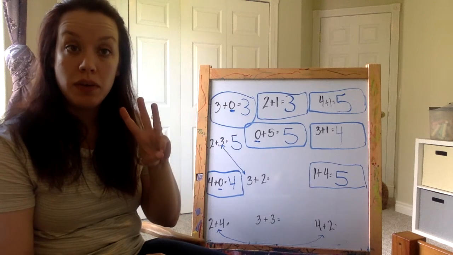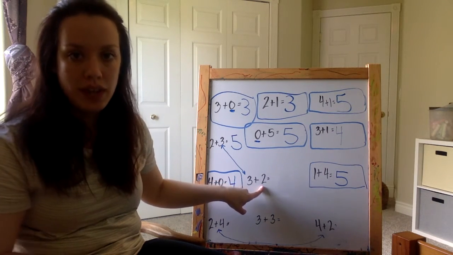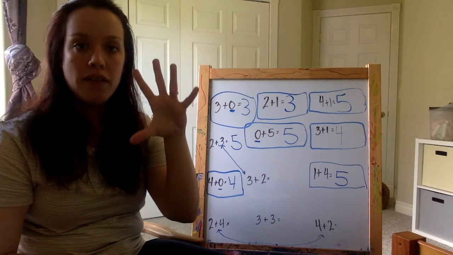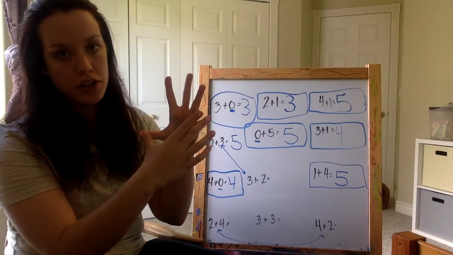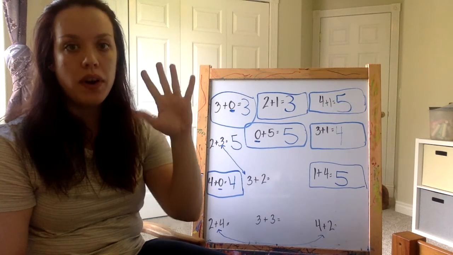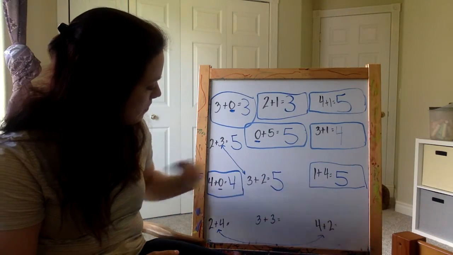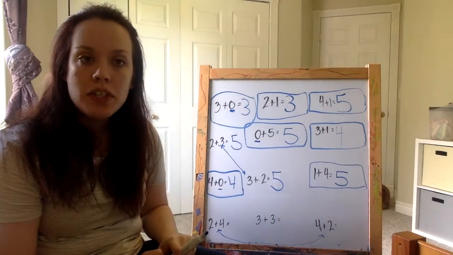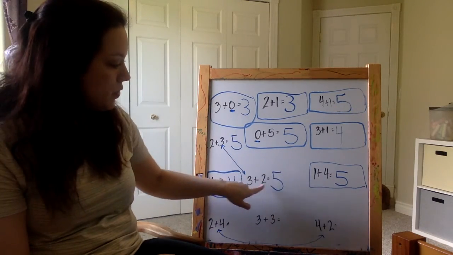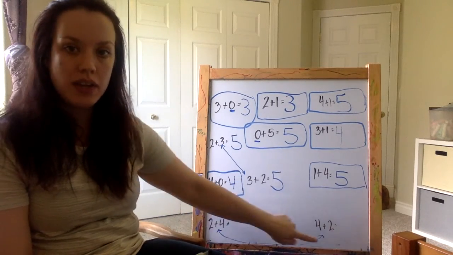This time I'm going to start with 3 and count on 2 times. 3, 4, 5. I counted on 2 times by adding 2 more fingers. 3, 4, 5. Okay. So we were actually able to just prove that 2 and 3 is the same as 3 and 2. So down here, we're just going to solve one of them and use the answer for both.